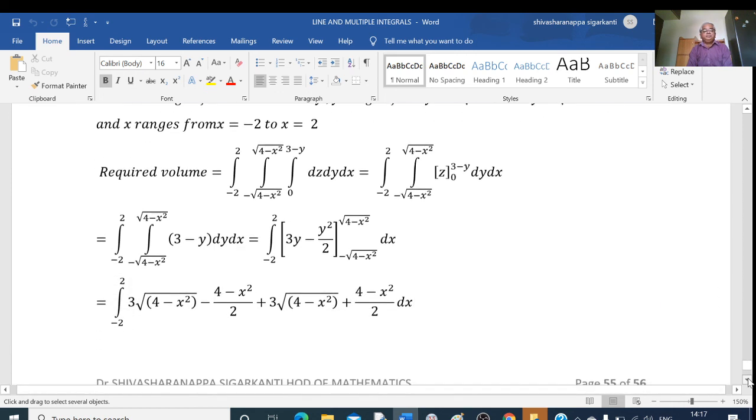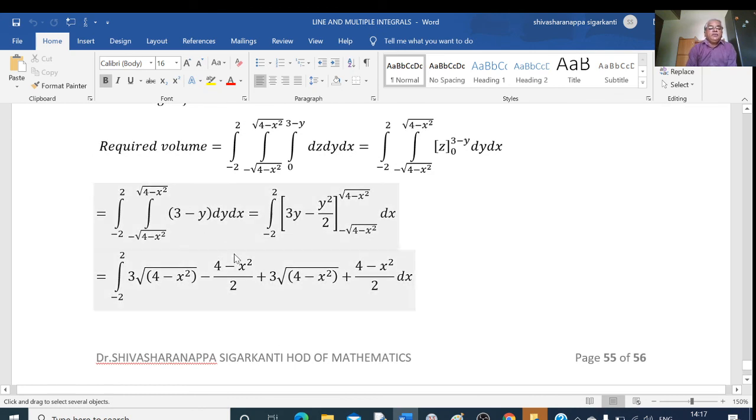Now minus 4 minus x square by 2 plus 4 minus x square by 2 gets cancelled. What remains? 3 times root of 4 minus x square plus 3 times root of 4 minus x square. That is 6 times root of 4 minus x square.